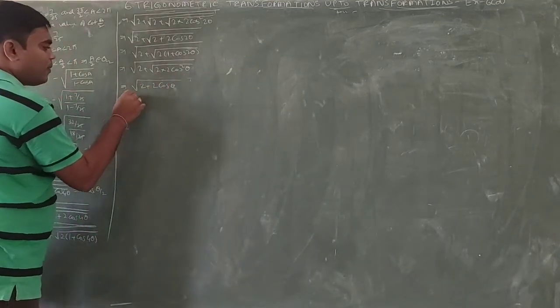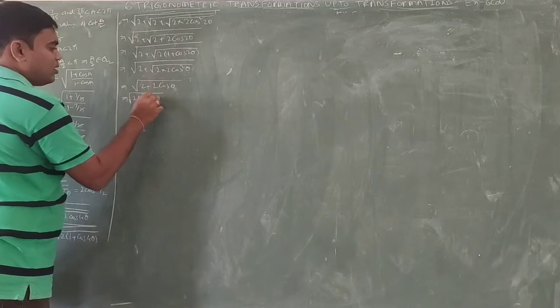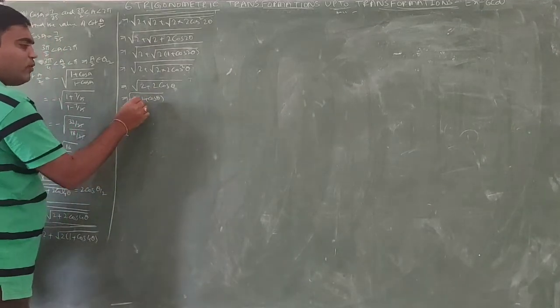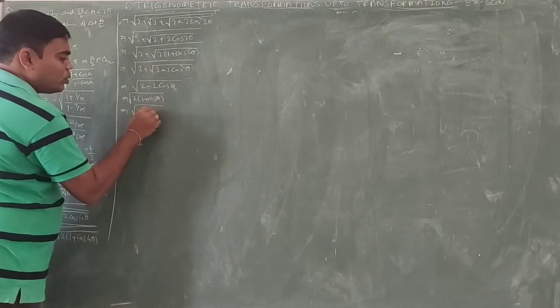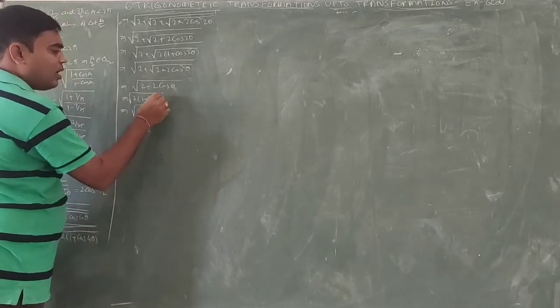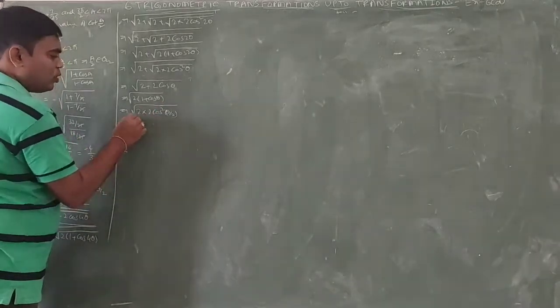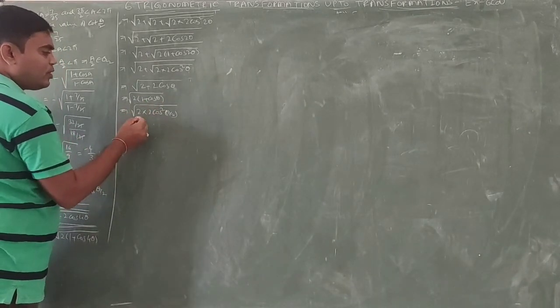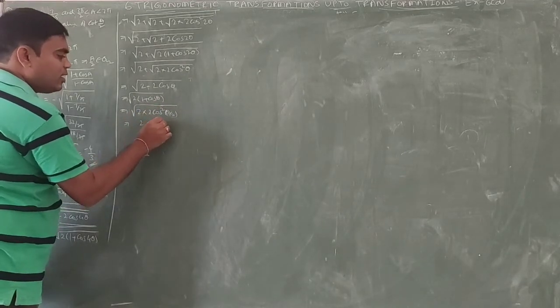So 2 common, 1 plus cos theta. Again 1 plus cos equal to 2 cos square, 2 into 2 cos square, half of theta, theta by 2. So equal to 2 into 2 is 4, bringing 4 outside of the root as 2, bringing cos square outside of the root, cos theta by 2.